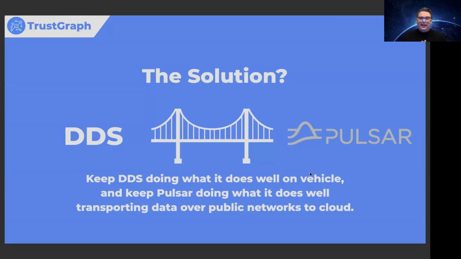We could, and the vehicle people would go, but wait, and they'd have a point, because cloud-based architectures and cloud-based systems don't necessarily solve all of their problems. So the solution is to let DDS do the things it does really well on the vehicle, and then bridge it to systems like Pulsar that allow us to leverage modern infrastructure and the ability to find compute where it's available so that we can start crunching all of this data.